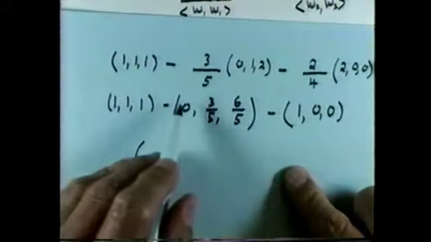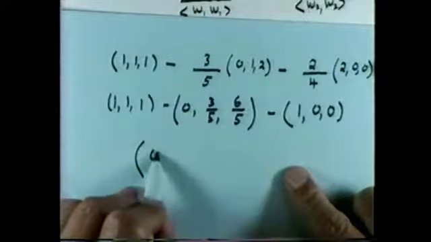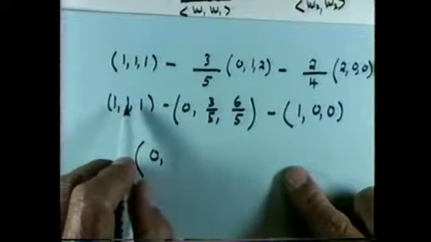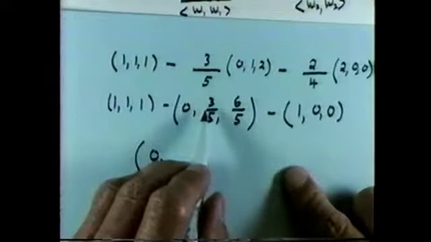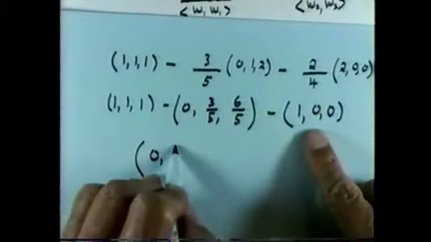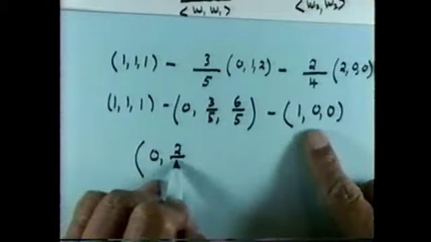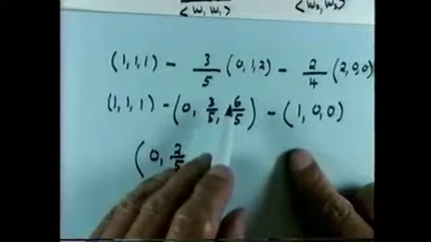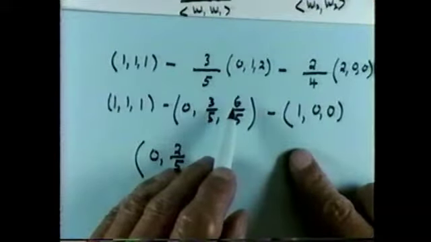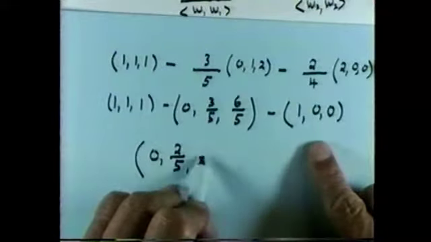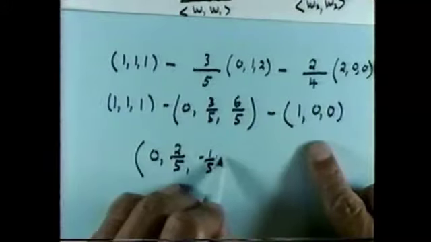Now 1 minus 0 minus 1 is 0. 1 minus 3/5 is 2/5, minus 0 is 2/5. 1 minus 6/5 is negative 1/5, minus 0 is negative 1/5.